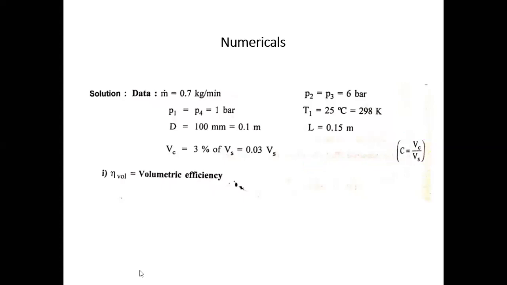As you all know, the volumetric efficiency of a compressor is nothing but the actual volume to the theoretical volume. Now, what is the actual volume in this case?